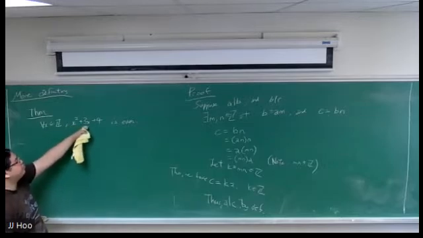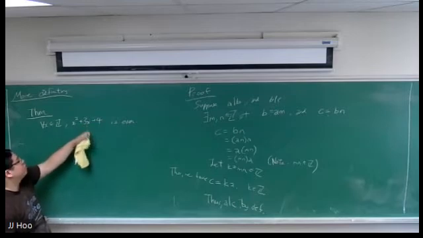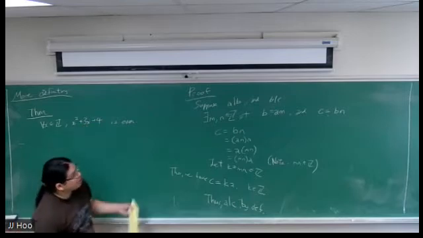How can I always break this down into 2 times something or 2 times something plus 1?